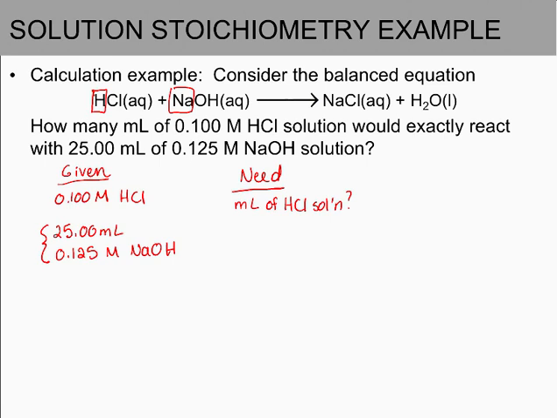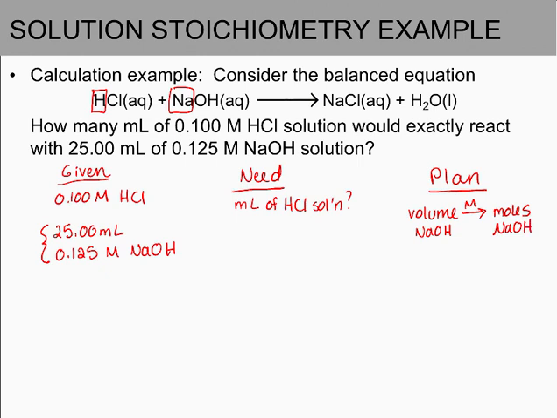Okay, so let's write out a little plan here. What we can probably do first is calculate how many moles of sodium hydroxide we have. So we'll take volume and multiply that by the molarity, and I'll write NaOH here so we know what we're talking about. And that will give us moles of NaOH.